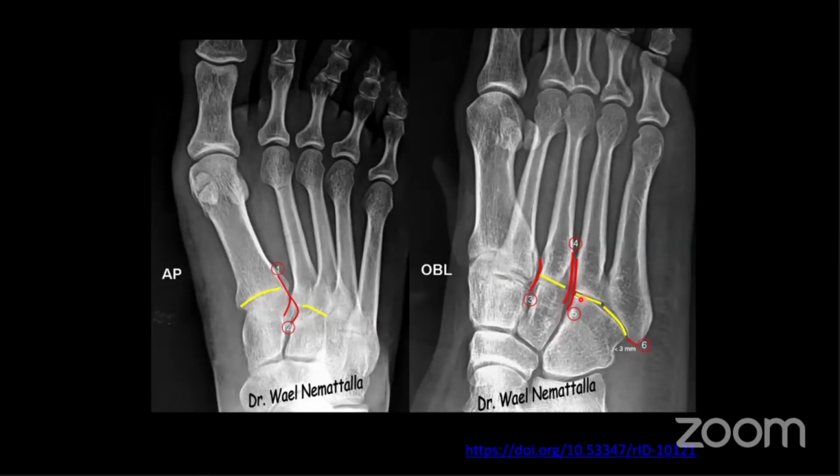And then the other sign is looking at the joint space. The joint space between all of the tarsal bones should be about the same. If you're not sure, you can compare to the other side, or compare to other bits of the midfoot. Similar in principle to the bones of the wrist, you want to look at even joint spaces all of the way around.